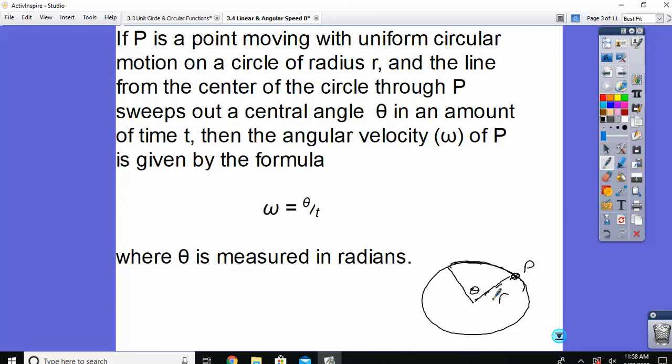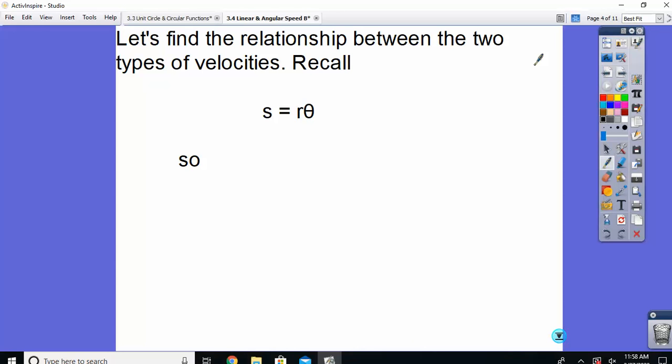The next thing that I wanted to talk about is how these two formulas are related to one another. Okay. So let's go back to the formula we have before. S equals R theta. What do those represent? S is arc length, R is radius, and we know theta is our angle. Okay, so we can use that to connect the two formulas.